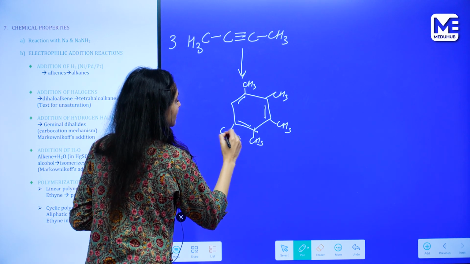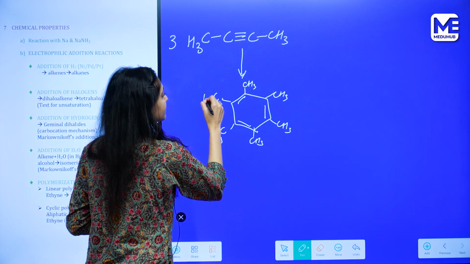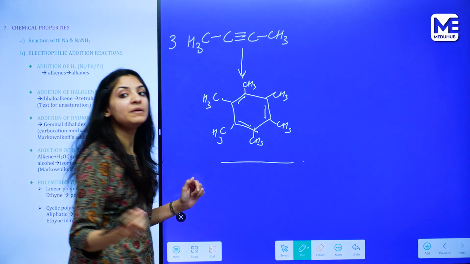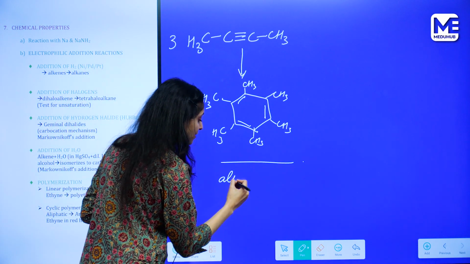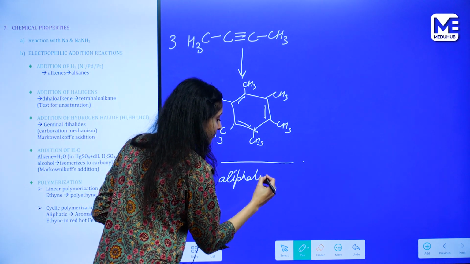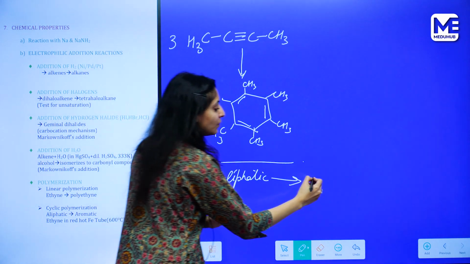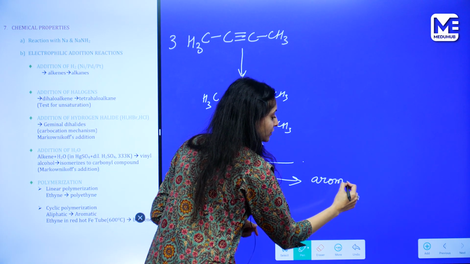This is hexamethyl benzene. So this is a very important reaction where an aliphatic compound gets converted to an aromatic compound.